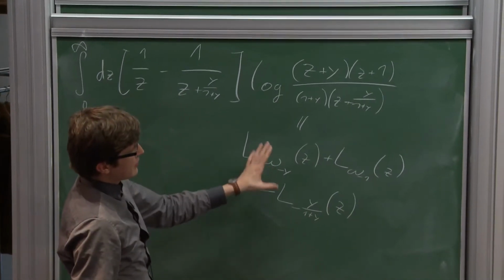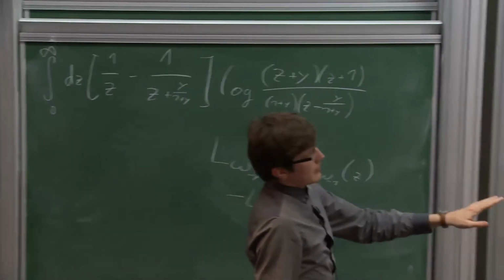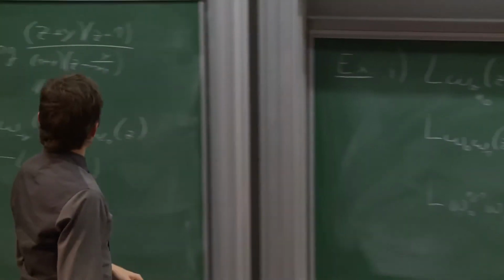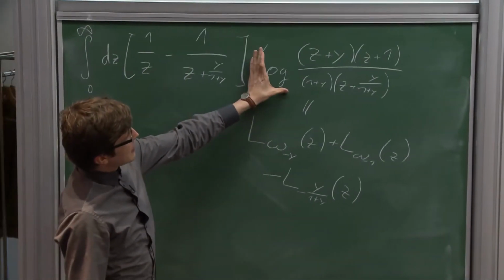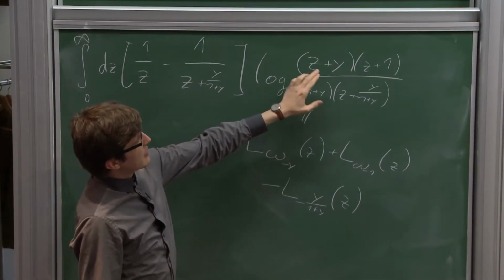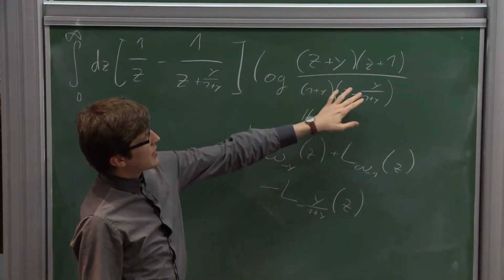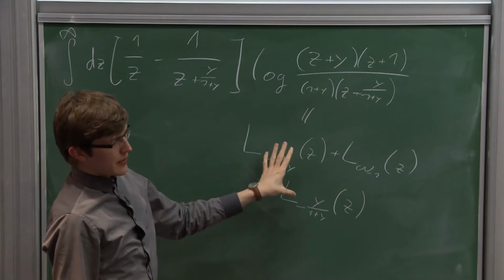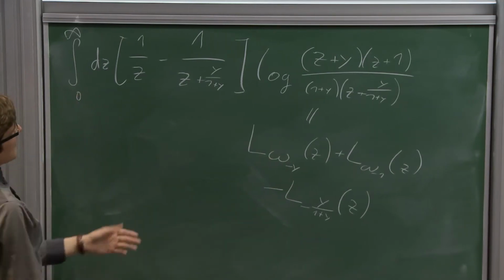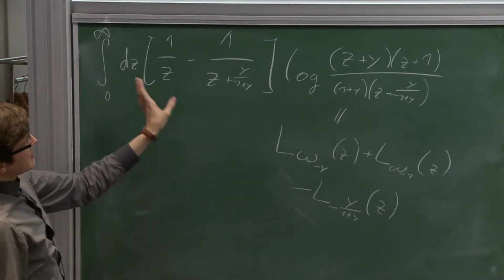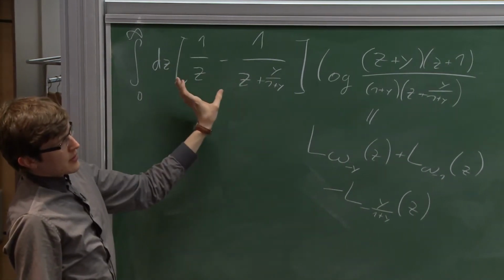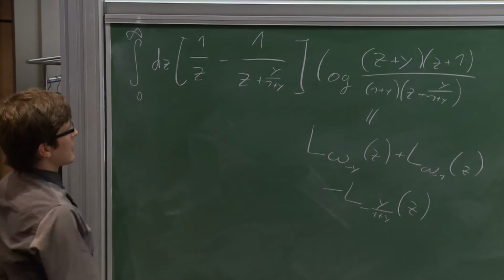Now I made sure that I have the right differential behavior. I also have to check that I fix these constants correctly, which do not depend on z. If I take the logarithm here and set z to 0, I just get y in the numerator, and I also just get y in the denominator. So this vanishes at z equals 0. And these are also defined to vanish, so this is the correct expression. Now if I integrate, by definition it just means that I prepend an omega 0 and an omega minus y over 1 plus y to get a primitive of these, and I evaluate at infinity.